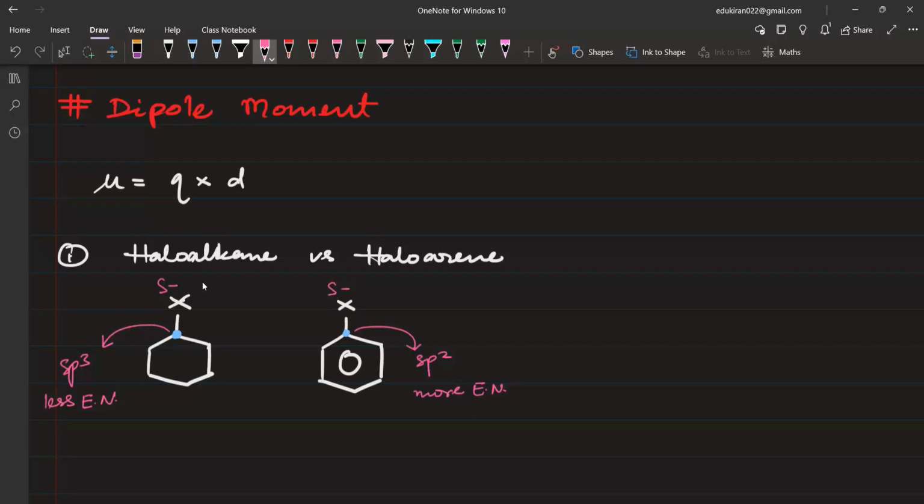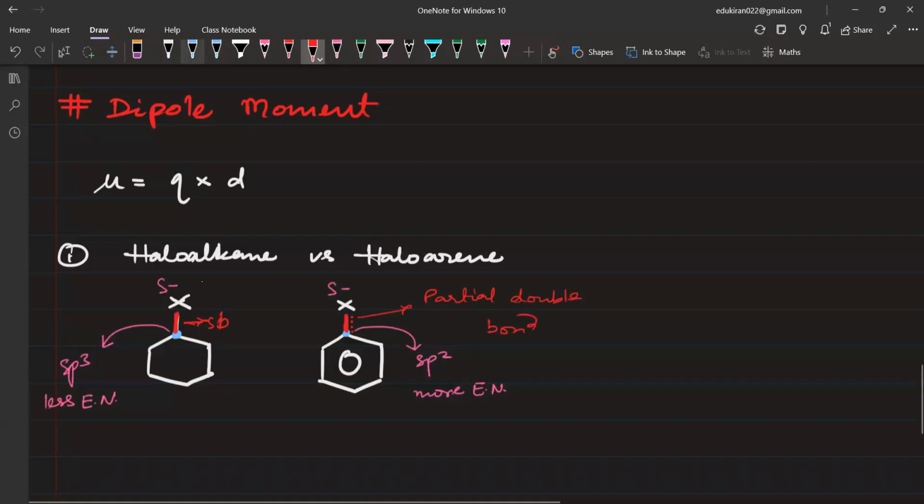Next, the C-X bond here is completely a single bond, only single bond. But if you look at this particular bond, it is having resonance, and that is why it is a partial double bond.